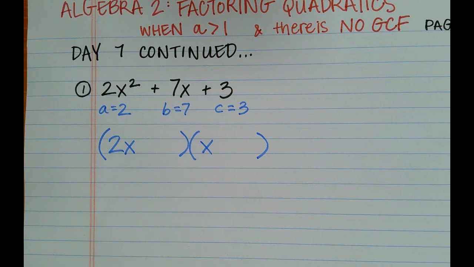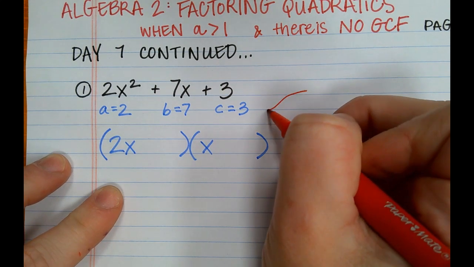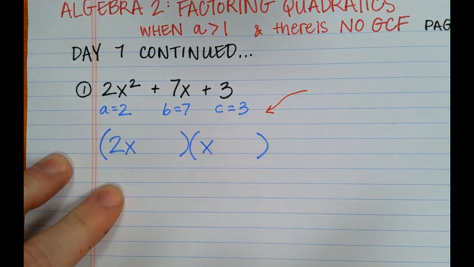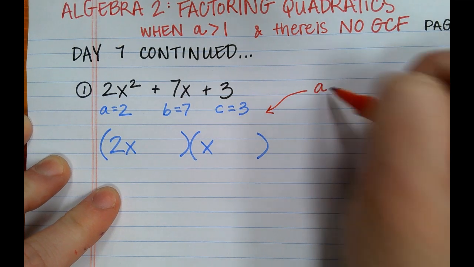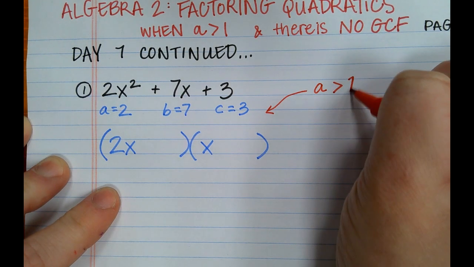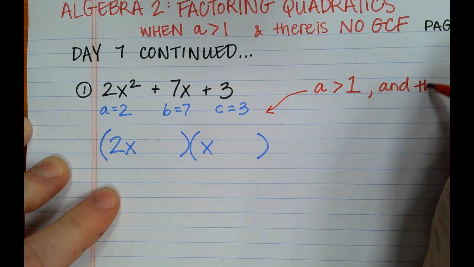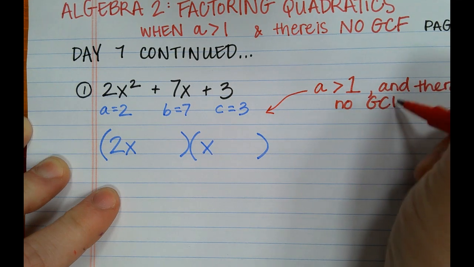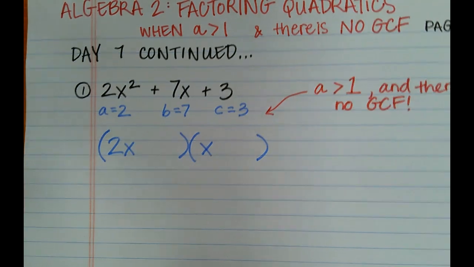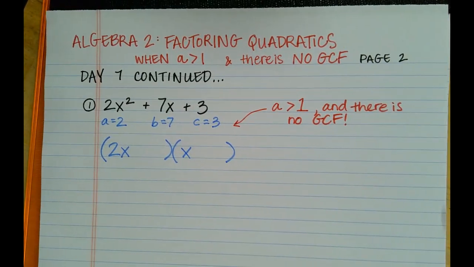Since this is a newer topic, let's make this into a guide like I said we would earlier. I'm going to make a little note to the side. If you already understand this, don't feel like you have to write this part, but I'm going to write it for those that it will help. A is greater than 1 and there is no GCF.